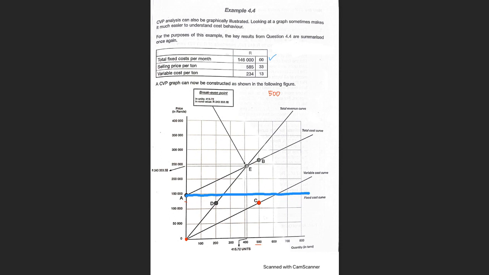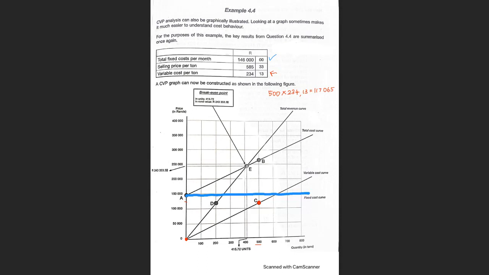The variable cost is 234.13 per unit, but we are now looking at 500 units, so we multiply that by 500. That gives us a total cost of 117,065.